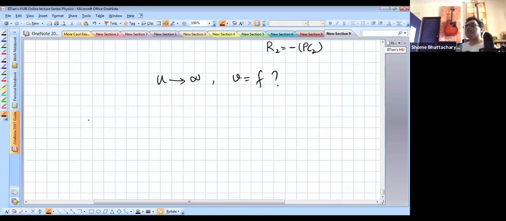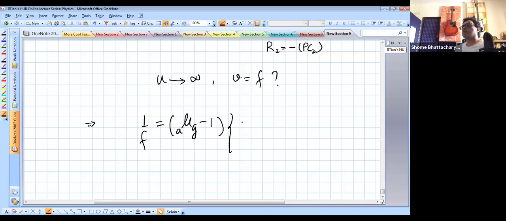So we get this relation that 1 upon focal length is the refractive index of whatever glass we've used with respect to air minus 1. Now there's a reason why I'm writing it like this, because we could write this as absolute also. But this is to emphasize that this is the focal length of the lens when we are using it in air. When we use it under water or something, this A will be replaced with the water.